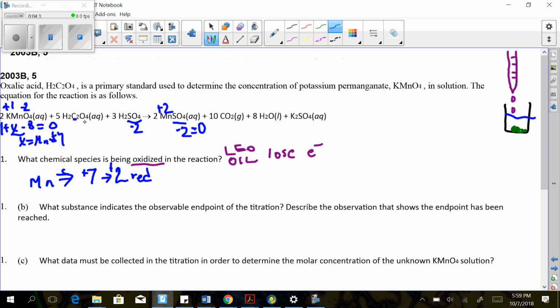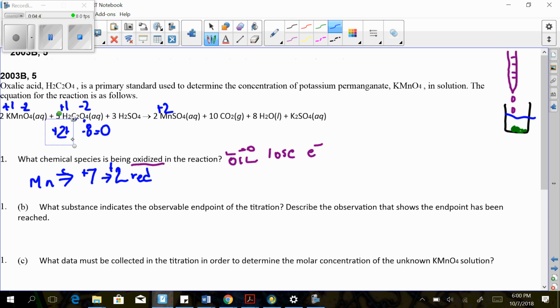If we look at this one, we have another oxygen. I'm going to clean this up a little bit. If we look at the oxygen again, in this one, it's not one of our exceptions where it's peroxide or it's attached to a fluorine, and it's not by itself, so it must be a -2. And if there are 4 of them, we have a total of -8 for that compound that's neutral. Now our hydrogen is going to be +1, and we have 2 of them, so that's a +2.